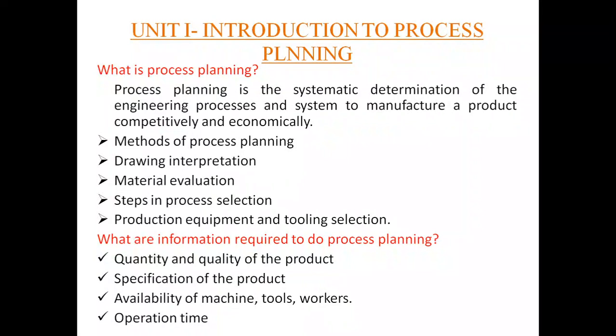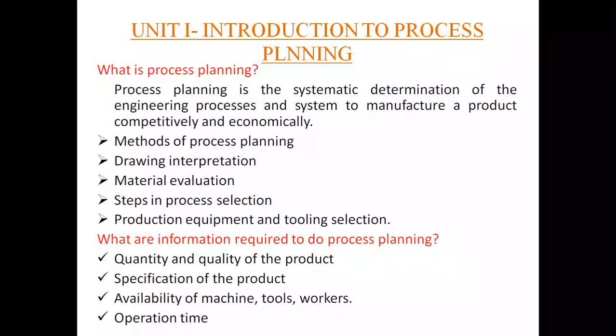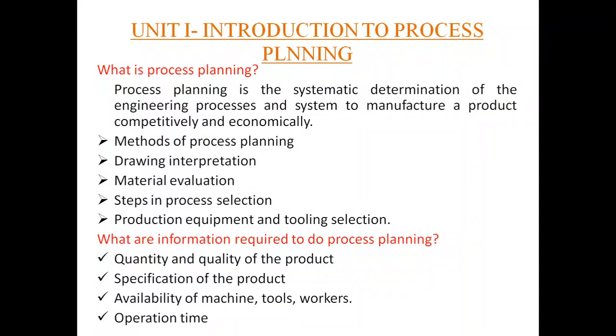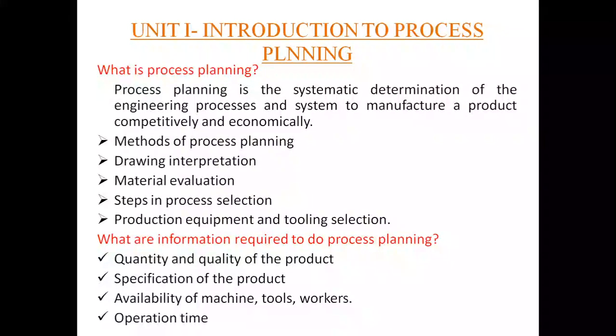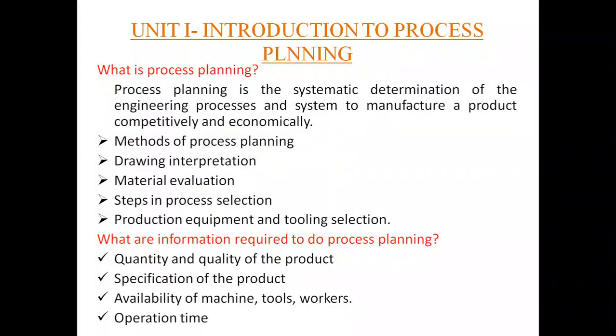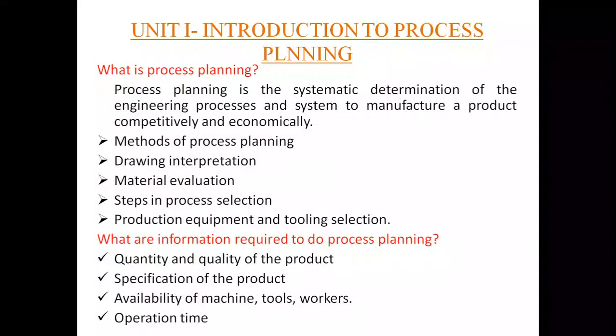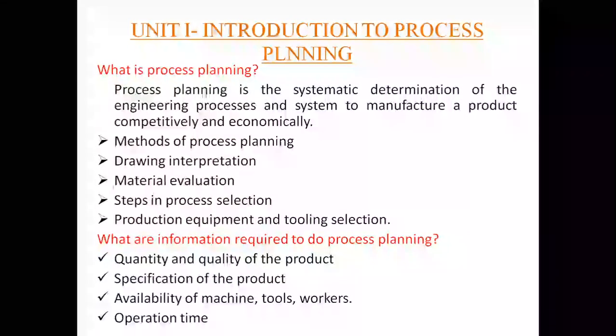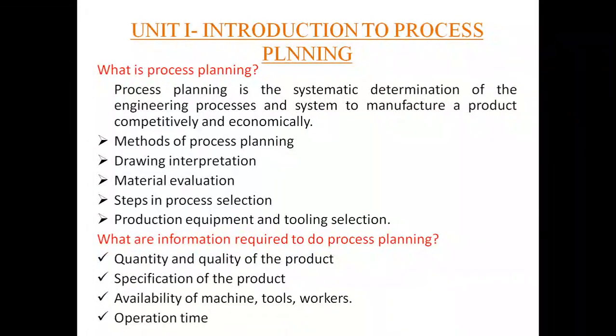In a car we have different models: basic models, high-end models, medium models, and luxury models. In every model we have some special specifications. For example, anti-lock braking system, power steering, power window, and sensors, etc. These are the things mainly involved in making the process planning activities.